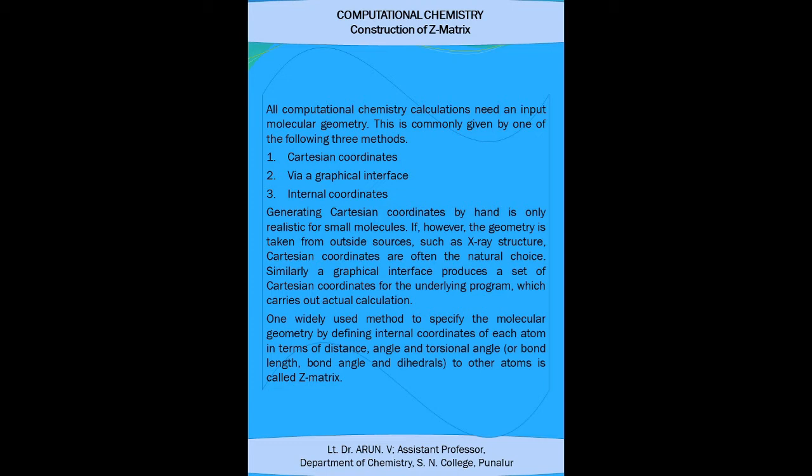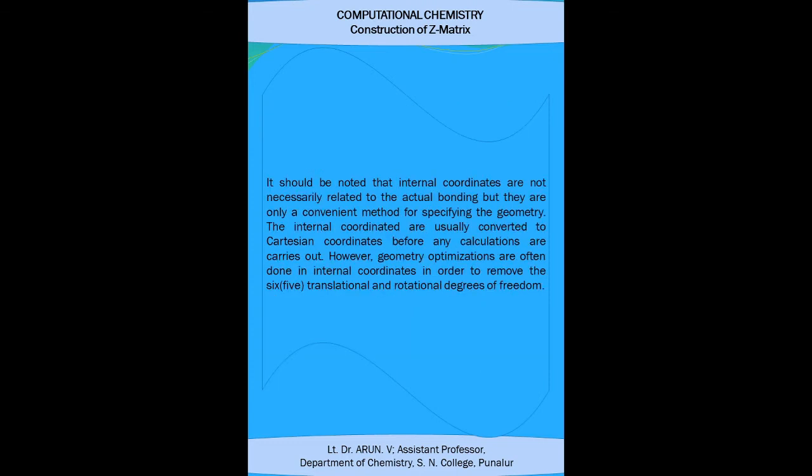That is, Z matrix is a method used to incorporate input geometry to a computer. It should be noted that the internal coordinates are not necessarily related to the actual bonding, but they are only a convenient method for specifying the geometry.